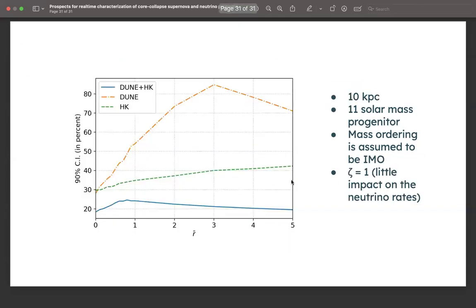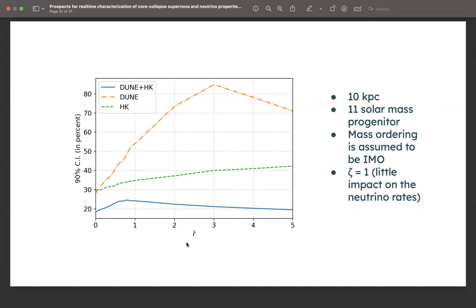But perhaps one other interesting thing in this direction is the size of this uncertainty depending on R. We were happy to see, for this particular value of R and one of these plots, that when we look at just DUNE and just HK, the bars are big, and when you combine them, they get smaller.